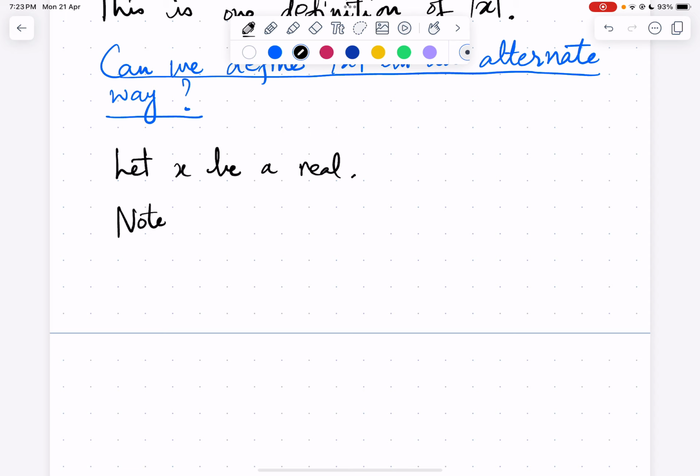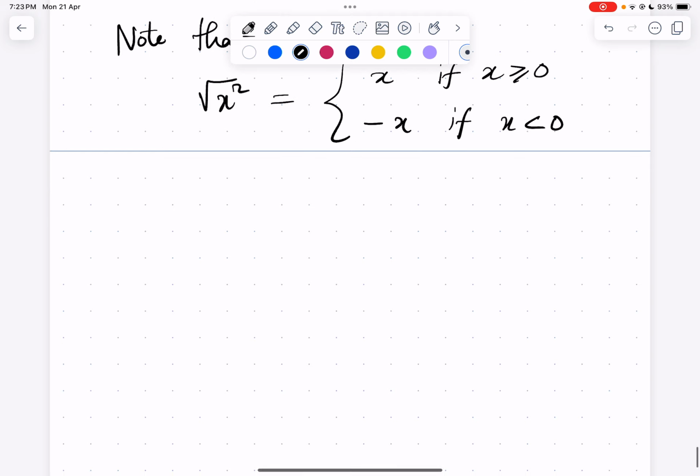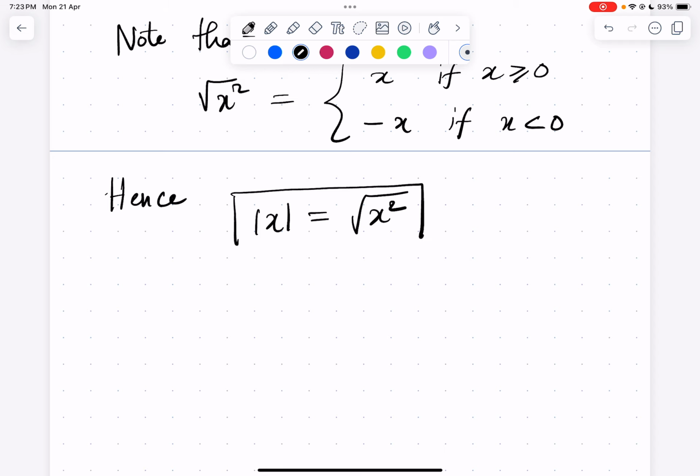So note that x square would be always greater than or equal to 0, and square root of x square is x if x is greater than or equal to 0. If x is greater than or equal to 0, x itself is the unique positive real that squares to x square, and otherwise it is minus x. So hence we see that mod x is just square root of x square, right?